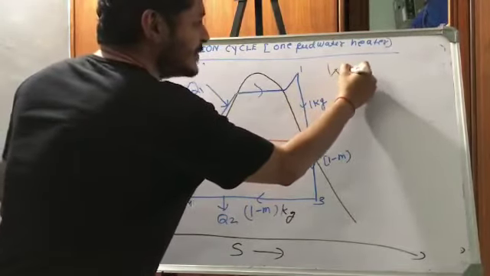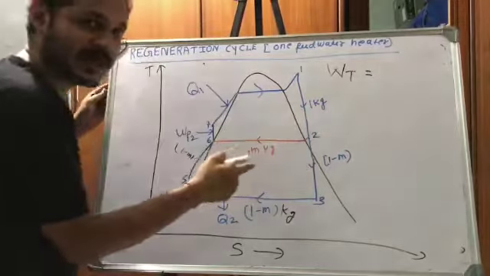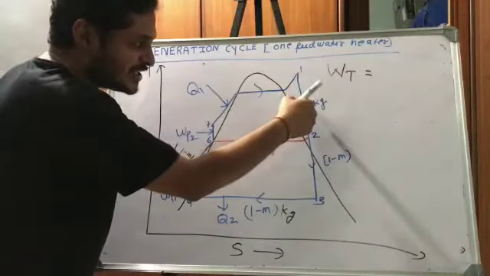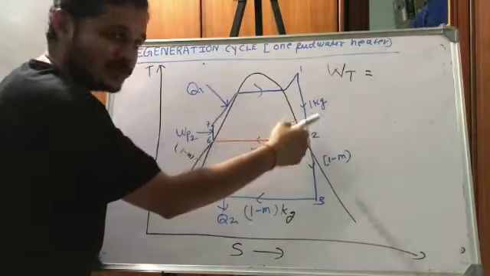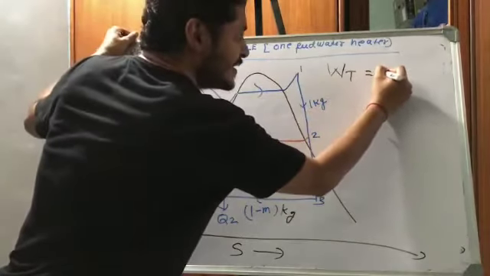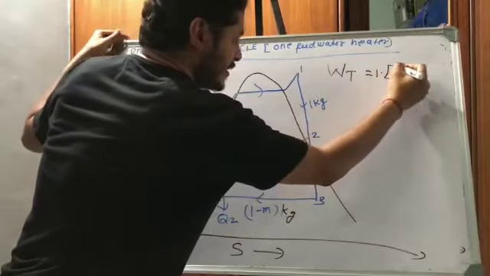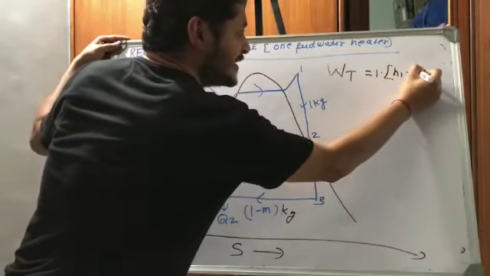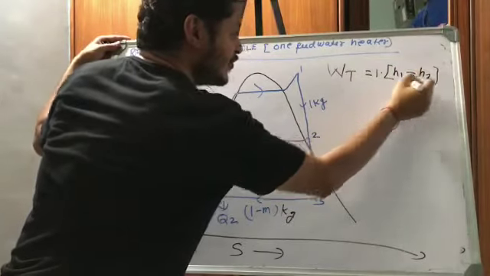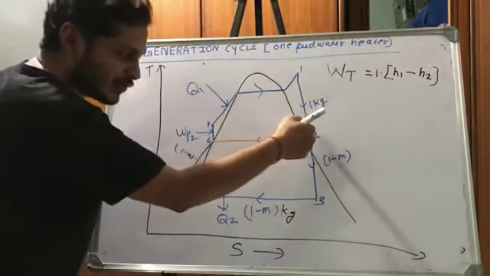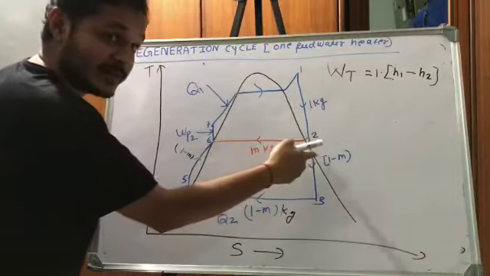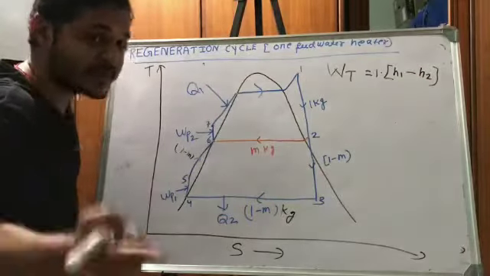WT is the total work done by the turbine. So 1 kg is being expanded from point 1 to 2, so 1 into H1 minus H2. From point 2 to 3 in the same turbine, 1 minus m kg of steam is being expanded.